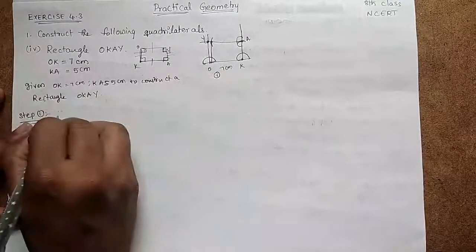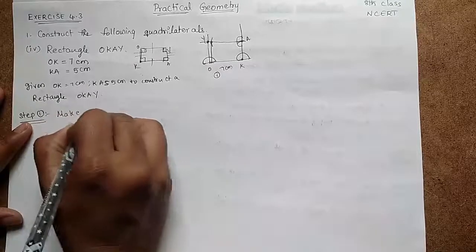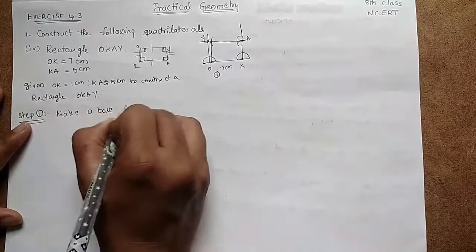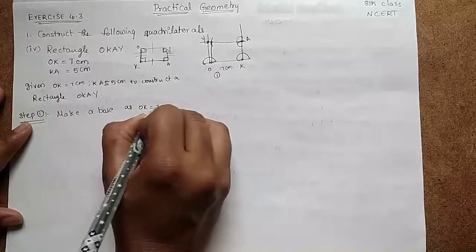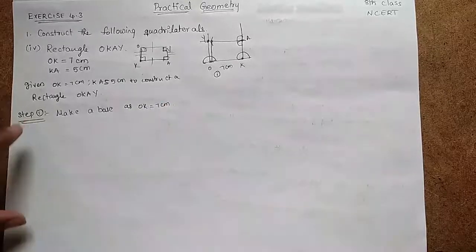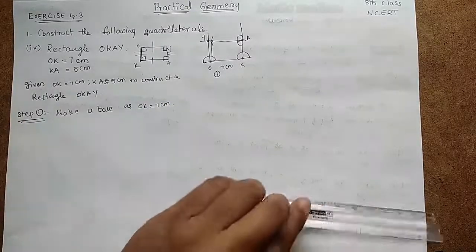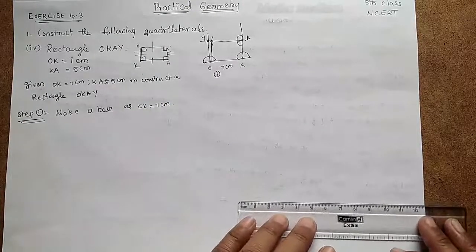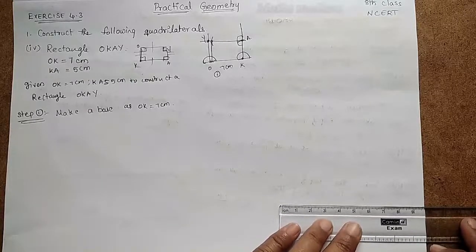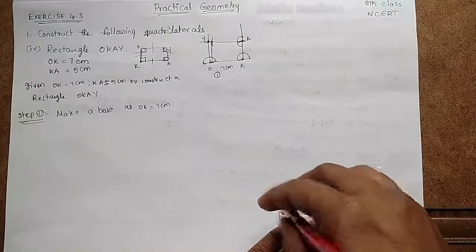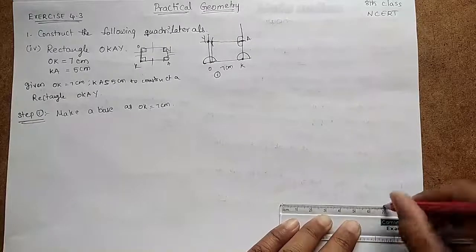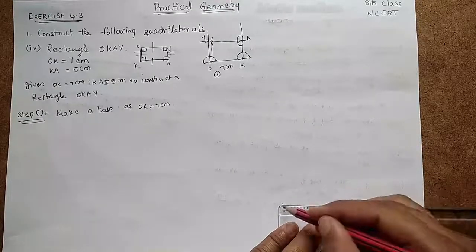Step 1: make a base, OK is equal to 7 centimeters. So take the help of a scale and draw 7 centimeters, put points at 0 and 7, and draw a line.